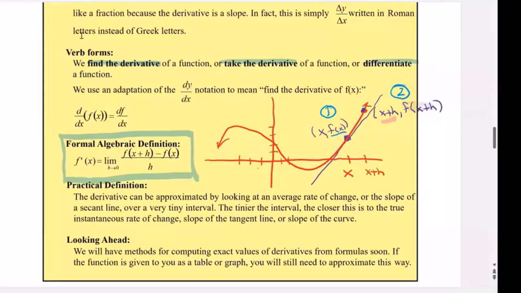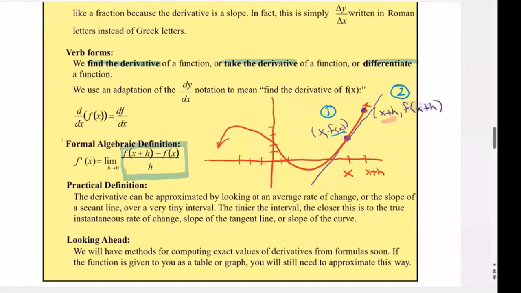So this part right here is the average rate of change between 2 points.